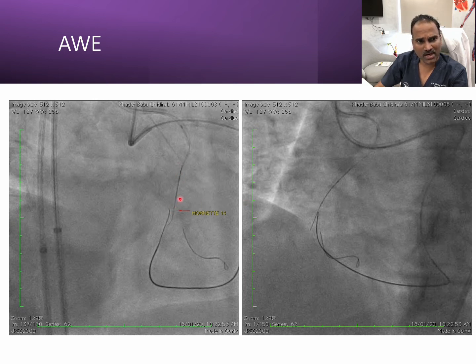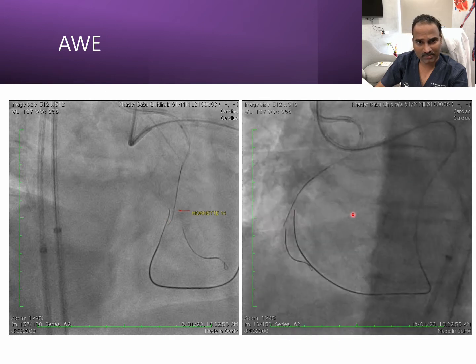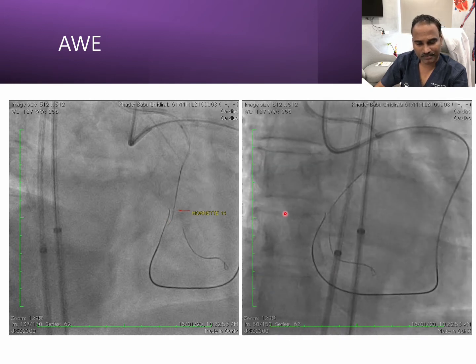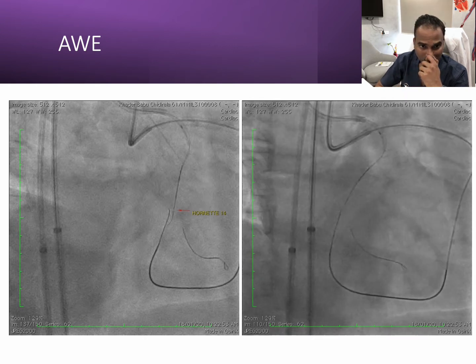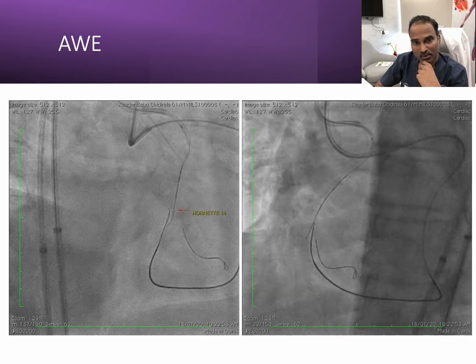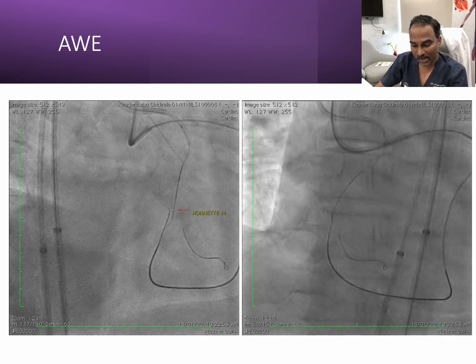So we took a Hornet wire as Gaia 2, Gaia 3 were not entering proximal cap. We took 114 and advanced using retrograde wire as a marker. But you can see in the angled view, both the wires are quite well separated in LAO, though they are overlapping well in RAO.